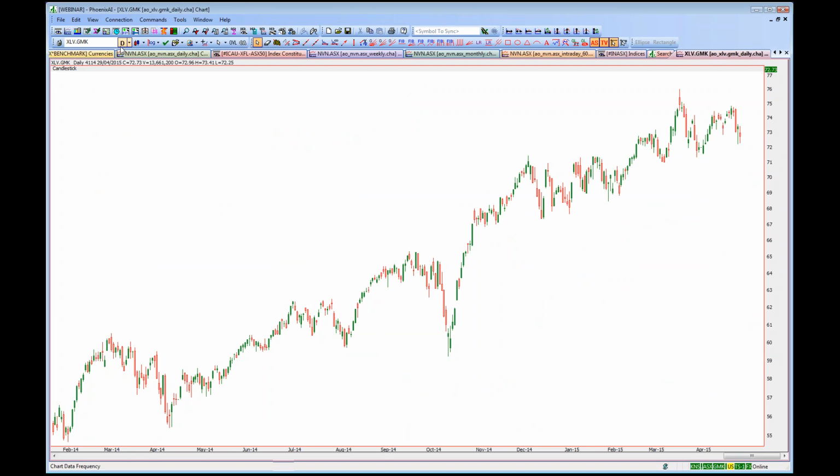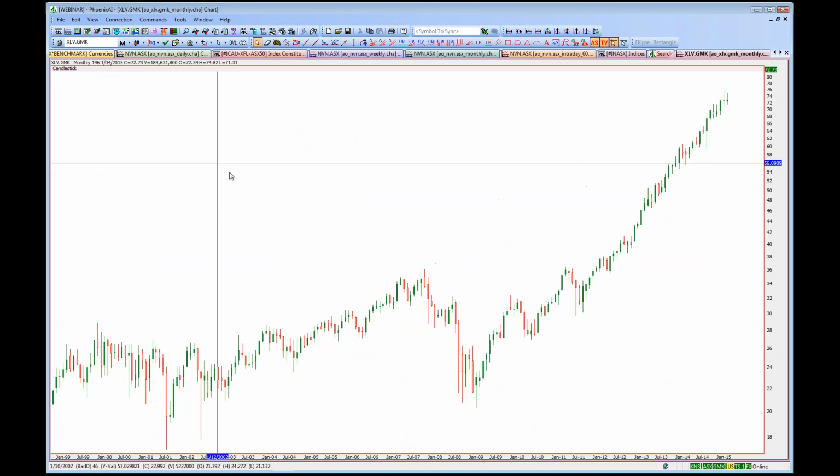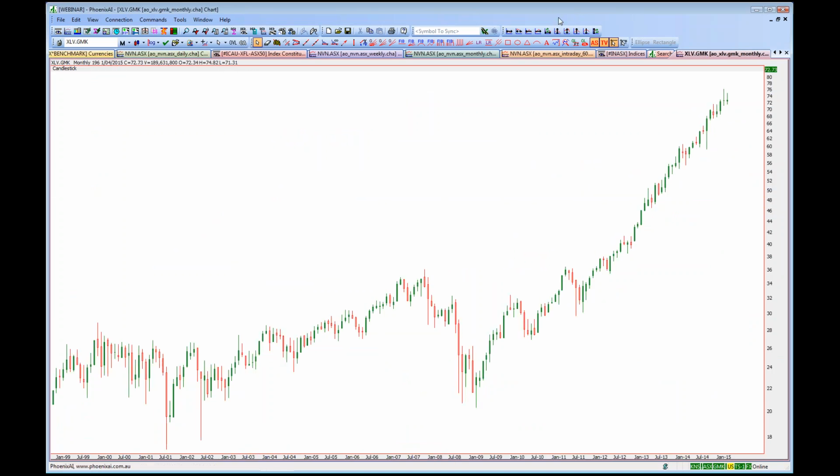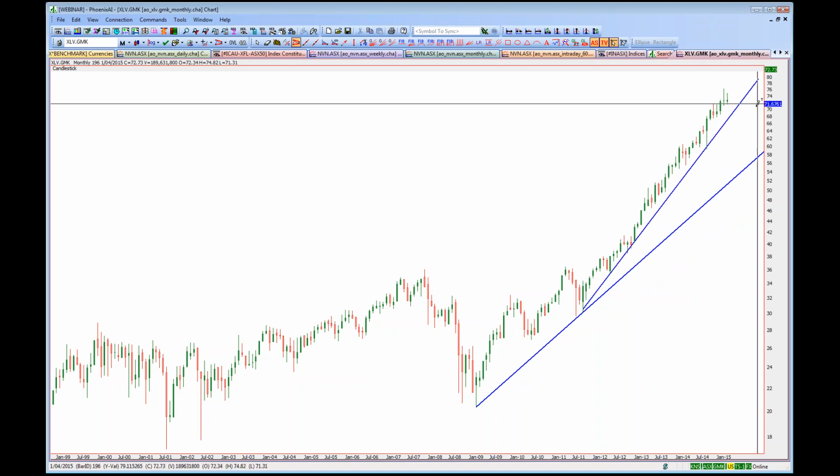Okay, go to monthly first. Oh man, this is like a rocket. God, wouldn't you want to be at the bottom of this? Accelerated trend. Clone.